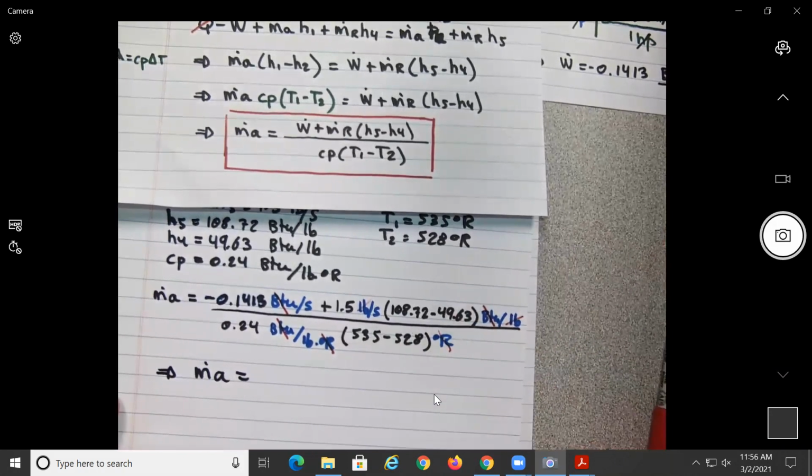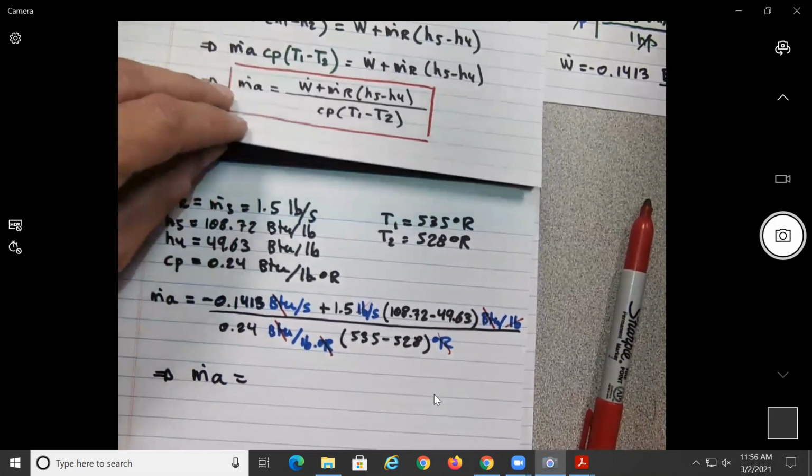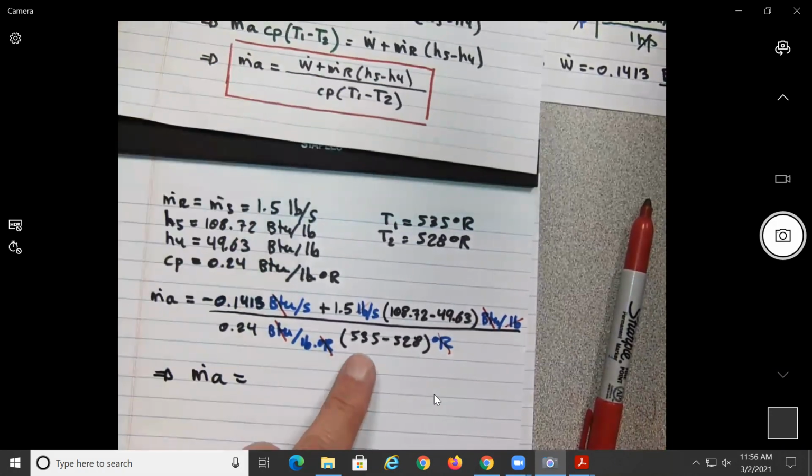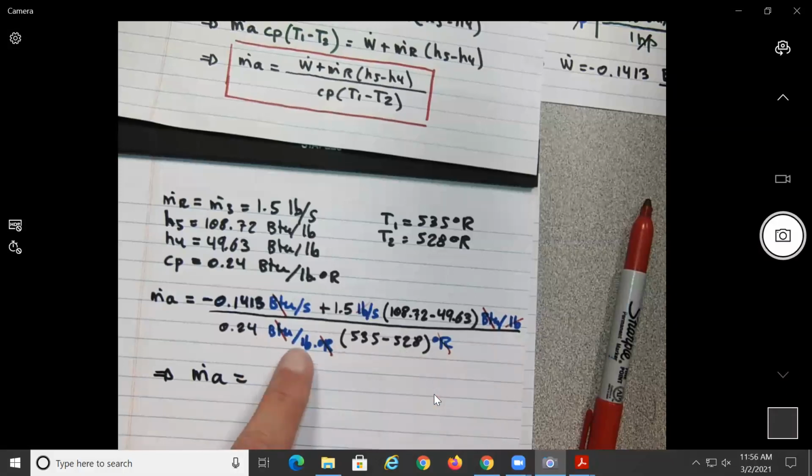Why did we do something wrong here with the units? This MR is pounds per second, BTUs per pound. Oh yeah, this cancels, but this one will go up, no? So we're good.